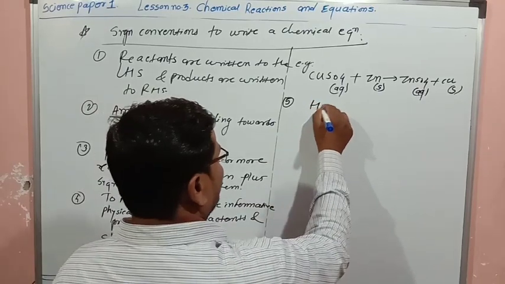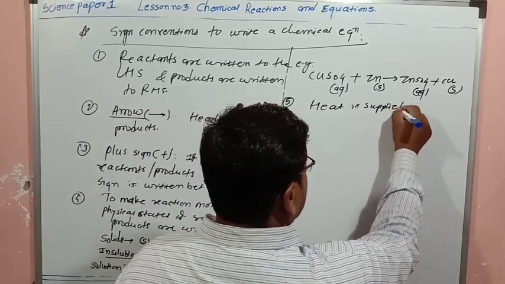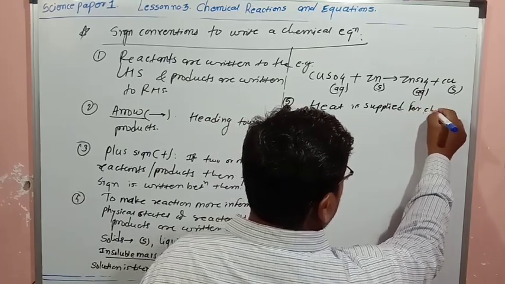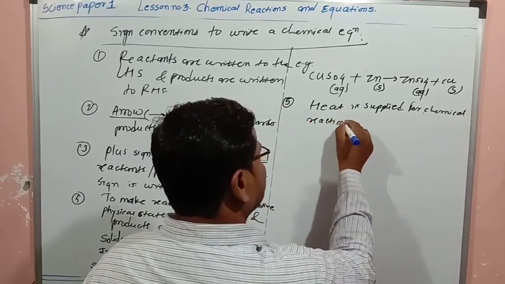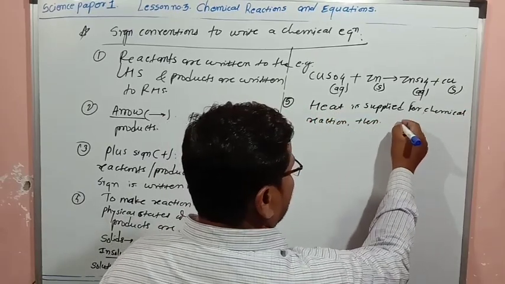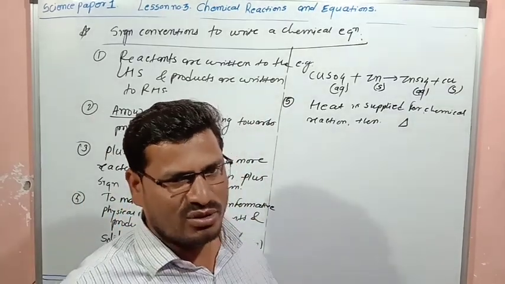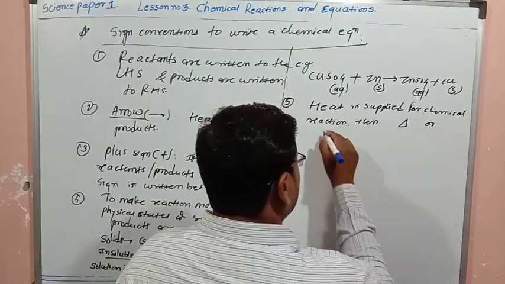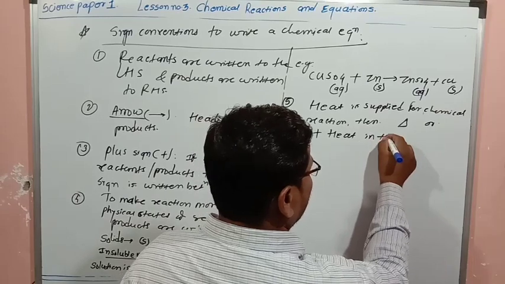If heat is supplied for a chemical reaction, then you have to write the delta sign above the arrow, or you can write plus heat on the reactant side.